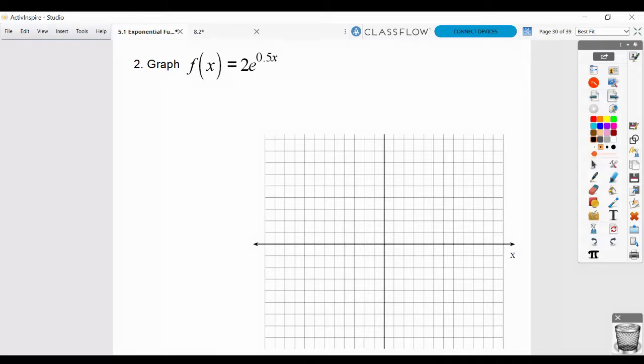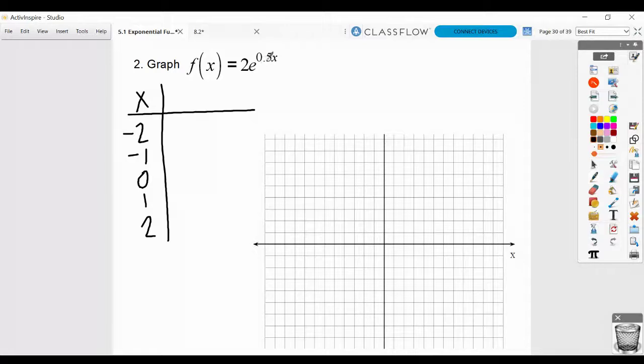Okay, so the next example, we have 2 times e to the 0.5x. So if we make a t-chart, now thinking about order of operations, you want to do the exponent first, then you'll multiply by 2. So you'll probably want to make a 0.5x column first. Then you're going to want to multiply that by 2.